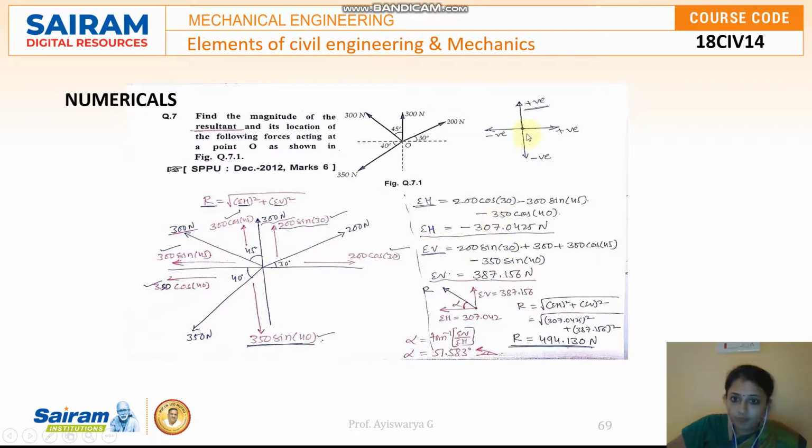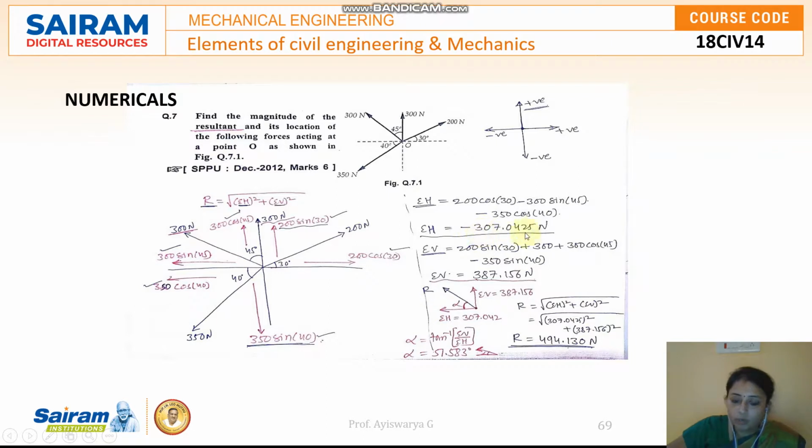Then make equations of horizontal forces and vertical forces, with respect to the sign convention. The horizontal forces involve 200 cos 30, 300 sin 45, 350 cos 45, and the vertical forces are 200 sin 30, 300 cos 45 and 350 sin 45.